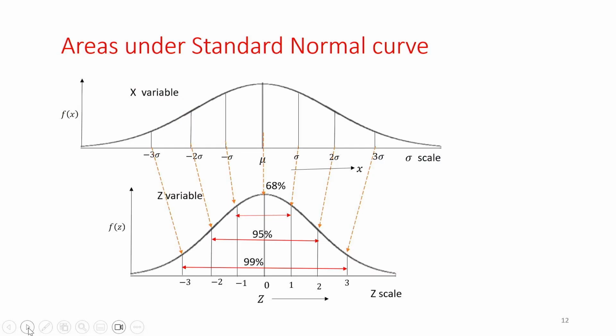Areas under the normal distribution curve. You may find such plots in many books also; the same thing we have plotted here. This is normal to standard normal. This is the standard normal.